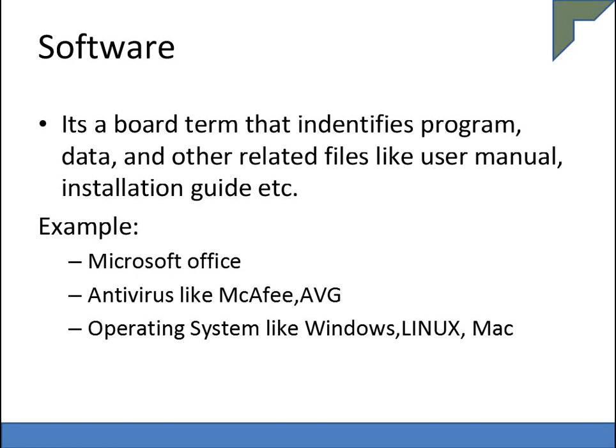The complexity of a program is very simple, but in software the complexity is very high. So that's the difference between a program and software. Even though the terms are used interchangeably, there is a difference between a program and software, and you should always remember it.